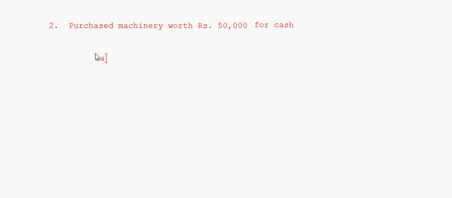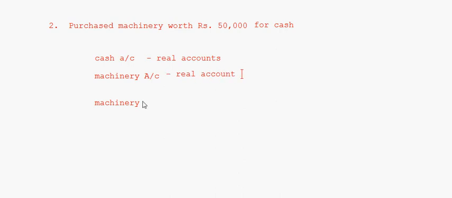So now the two accounts that are involved here is cash account and machinery account. Now when we purchase the machinery, cash, both are real accounts, right? Both are real accounts. What is coming in? Machinery is coming in and cash is going out.